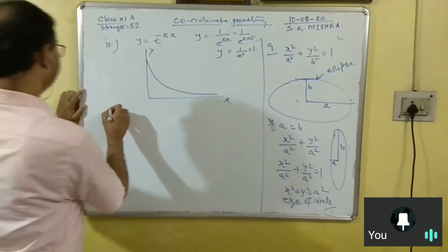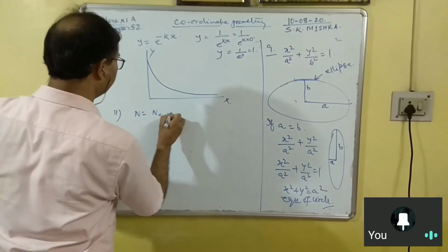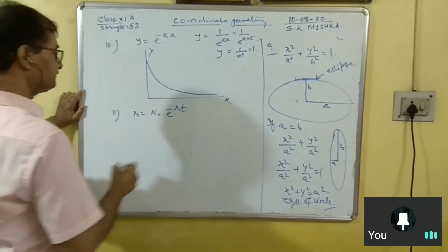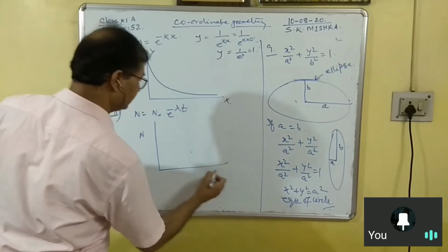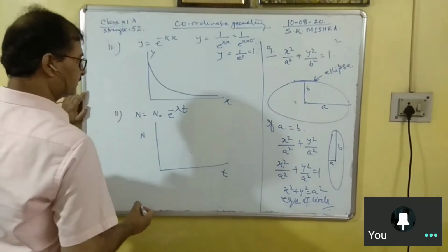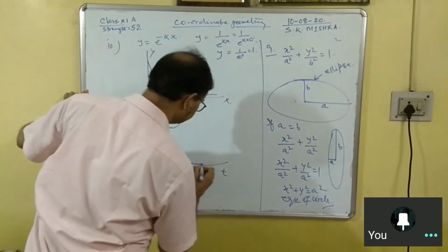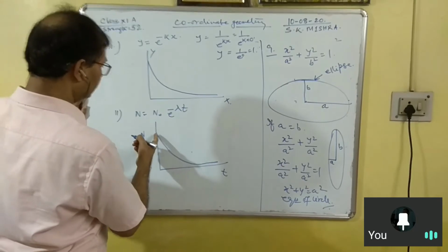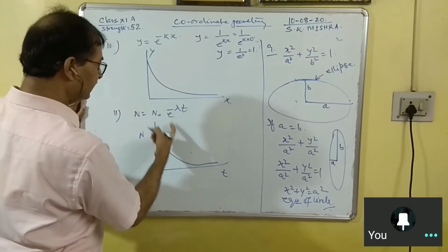Something like if you plot a graph of n is equal to n naught e raised to minus lambda t, showing the variation of n versus t, the graph will be exactly this way. Because if you put t as 0 here, then it is 1 by e raised to lambda t.